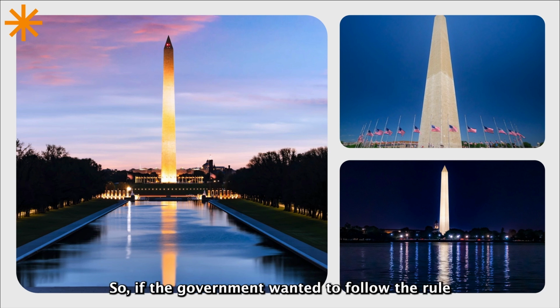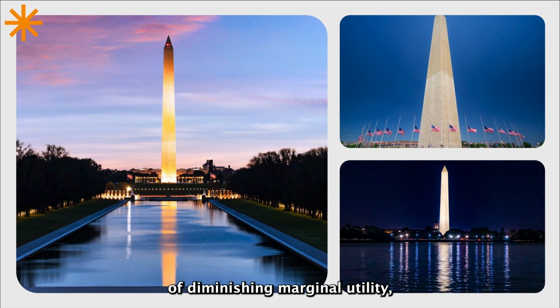So, if the government wanted to follow the rule of diminishing marginal utility, then they would divest from lower utility services and instead continue to invest in the Washington Monument. But they don't, and that's what makes it misleading.